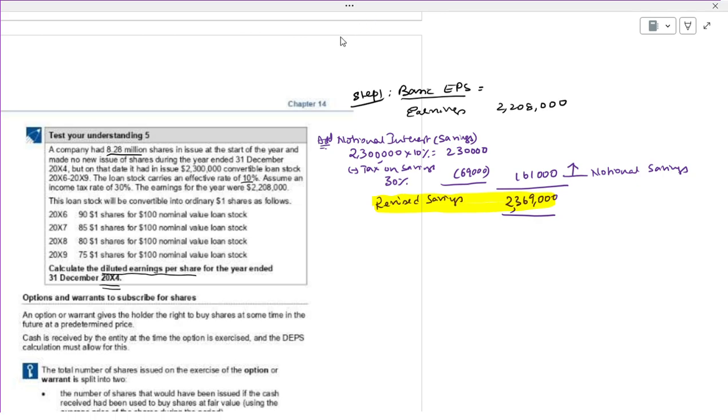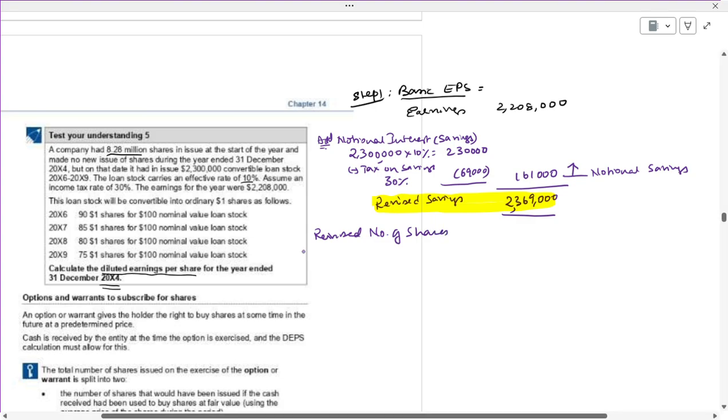Now you have to get the revised number of shares also. Existing shares are 8.2 million. Now, the notional shares will be how much, if converted?